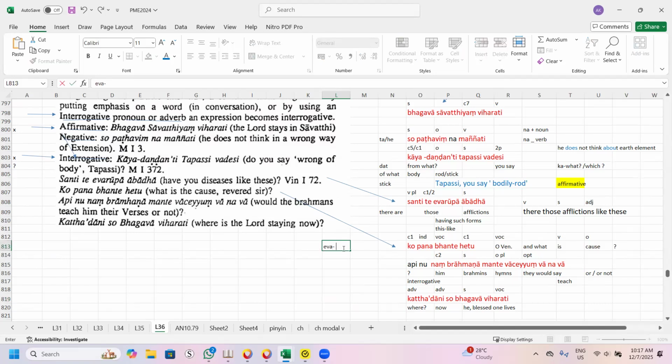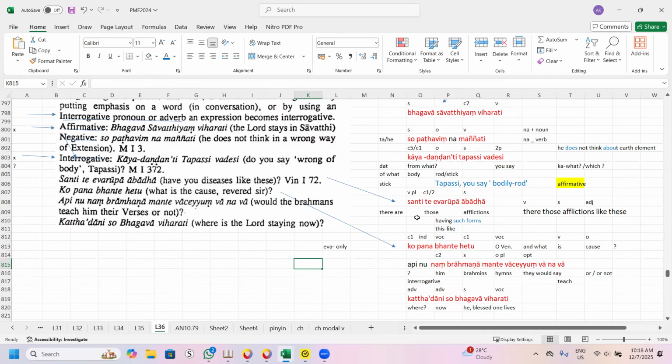Usually when eva is used in a sentence, we normally translate it as such, such form, having such form like this. Now this word apada means affliction.